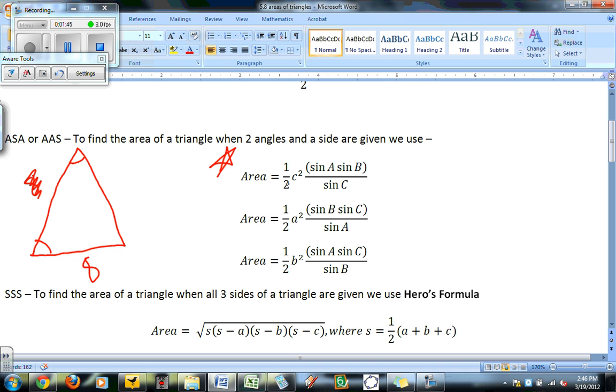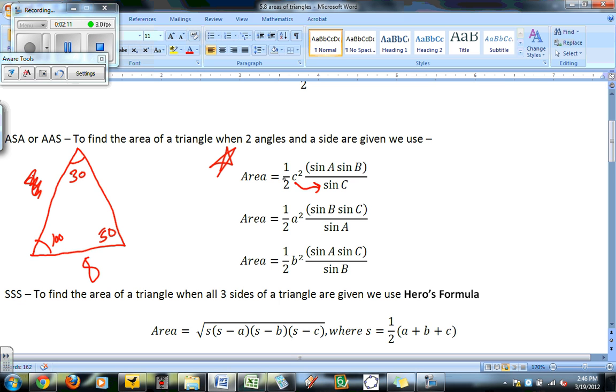It's saying 1/2 c squared, and this c squared has to be the side that you're given. The opposite of that side has to be in the denominator. So that angle that's opposite, like this angle, say this is 30, and this one is 100, so therefore this angle would have to be 50. Okay, so the sine of 30 would have to be down here at the bottom because we know this side.